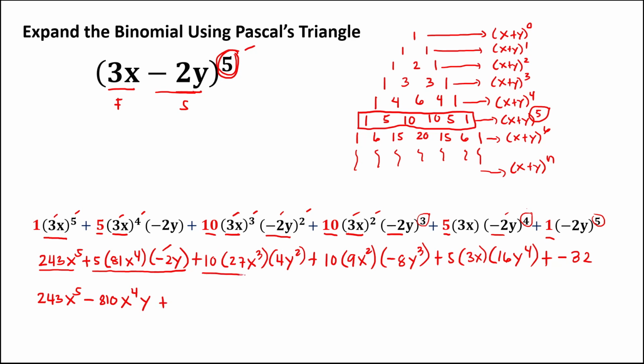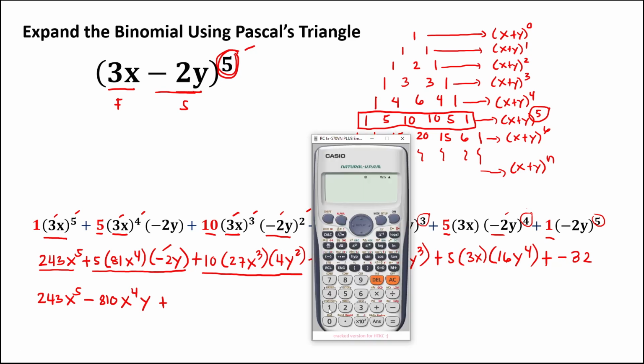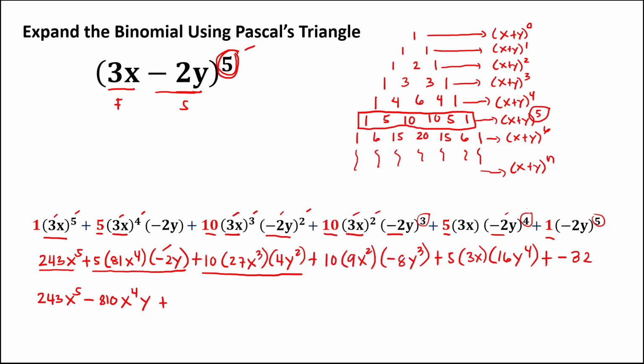So this is 10 times 27 times 4, that's 1080, then x to the power 3, y to the power 2.